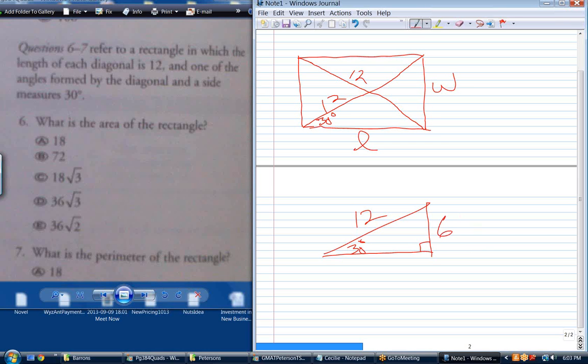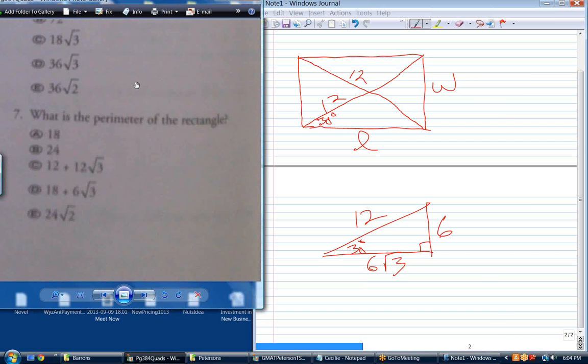And then the side under the 30 would be 6 square root 3. So the area of the rectangle is 12... no, 36 square root 3, which is D. And the perimeter of the rectangle is what?